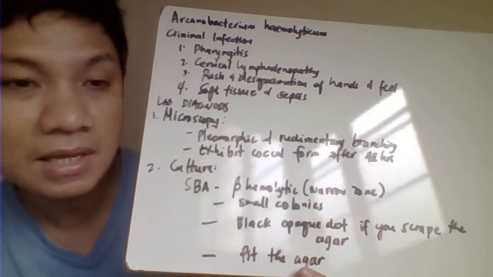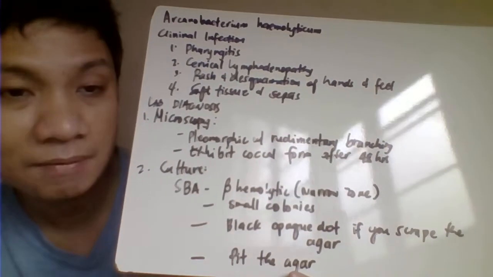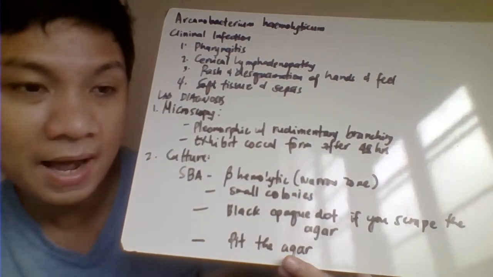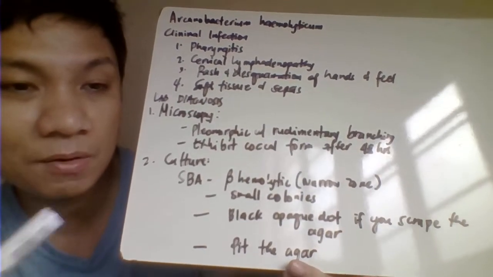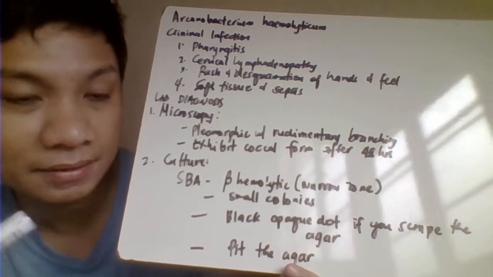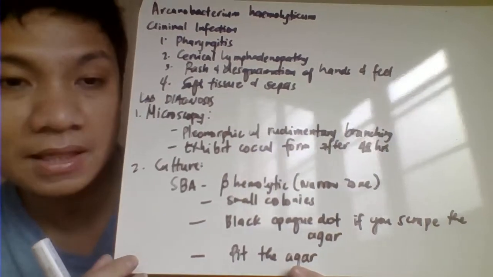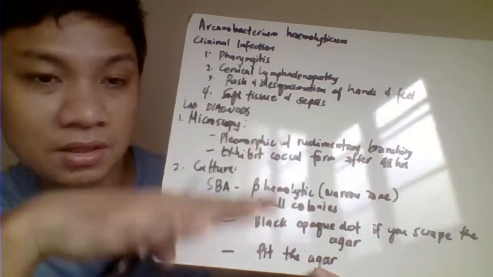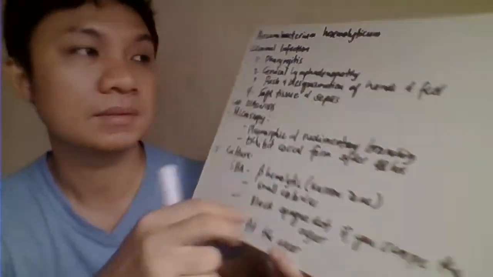This is beta hemolytic with a narrow zone and a pinpoint colony, so very small also. And this one is also capable of producing a black opaque dot if you scrape the agar. It looks like it has a black dot. It is also able to pit the agar, meaning it would create a depression. Okay, so this one is capable of pitting the agar.